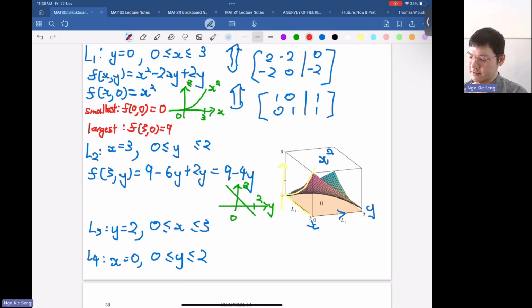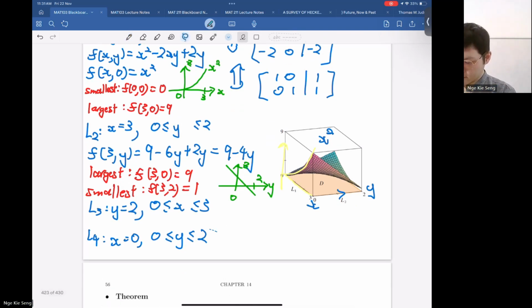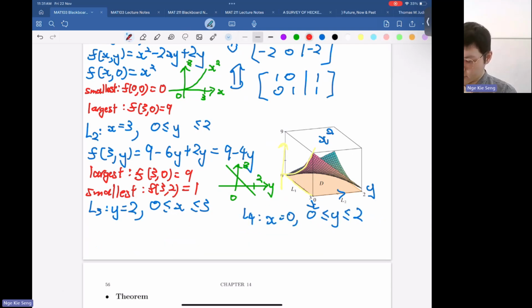So my guess is largest at y equals 0, smallest at y equals 2. Okay, is it true? Do you get this answer here? So F(3,0) is the largest, and then smallest is at F(3,2). You get this? Okay. Good. How about y equals 2?